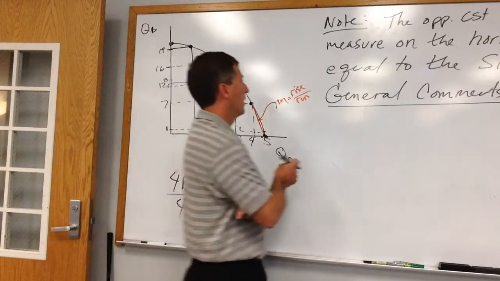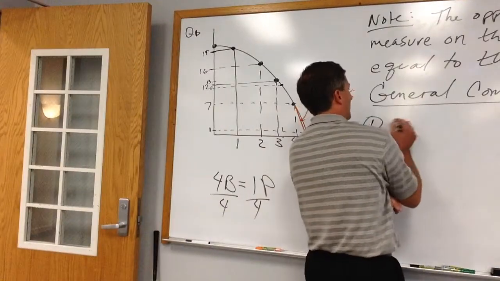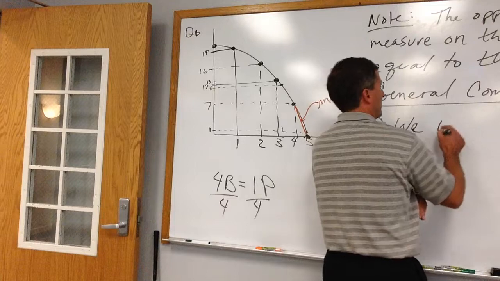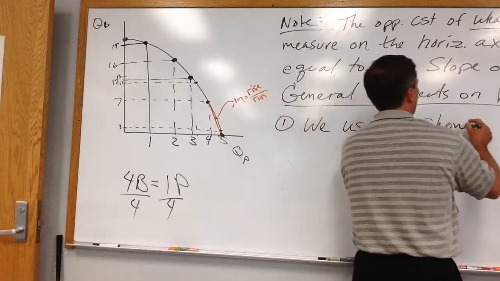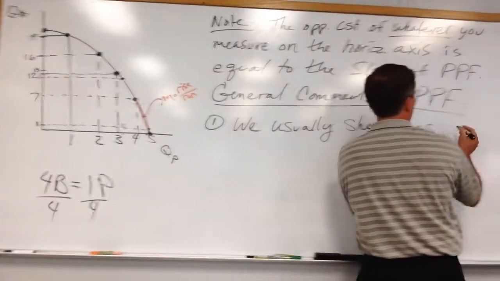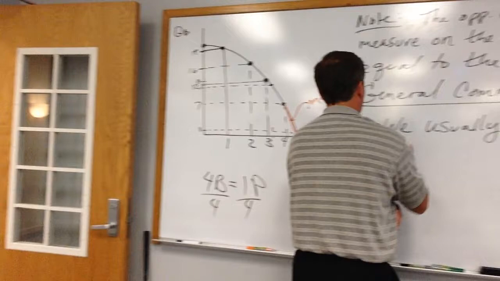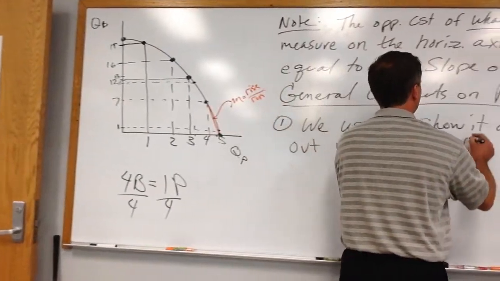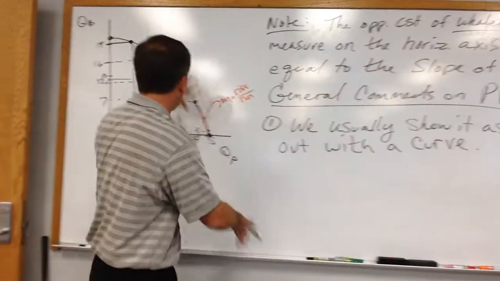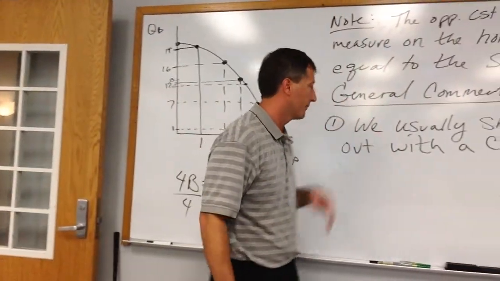All right, so one, we usually show it as bowed out with a curve, even though we've shown you some of the liberties we're taking depending on how it is.